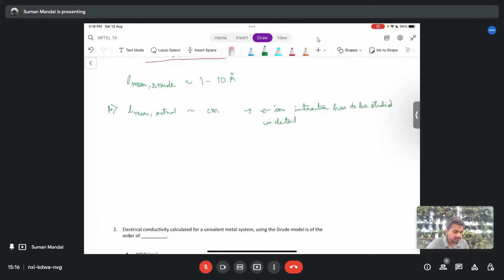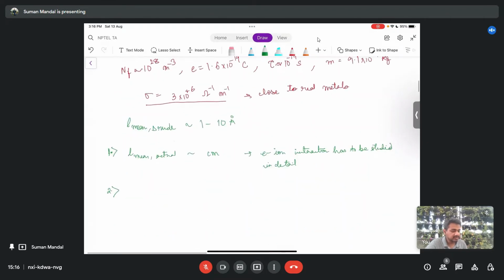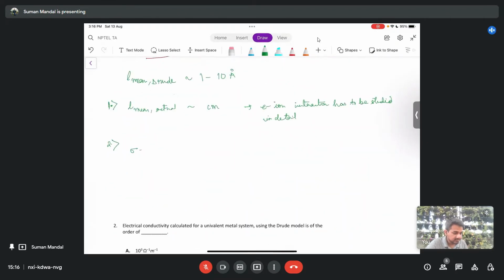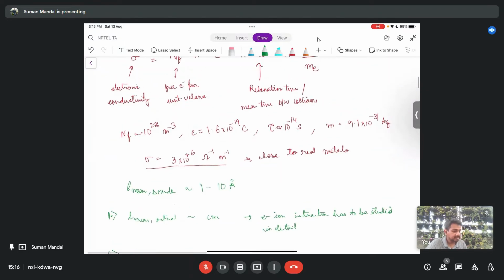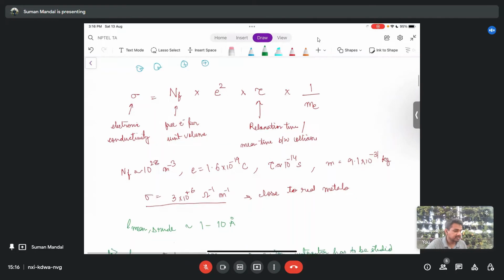Now, the second thing. Let me write this equation again: sigma is equal to n_f e square tau by m, where n_f is the electrons per unit volume, tau is the relaxation time, e is the electronic charge, and m is the mass of each electron.